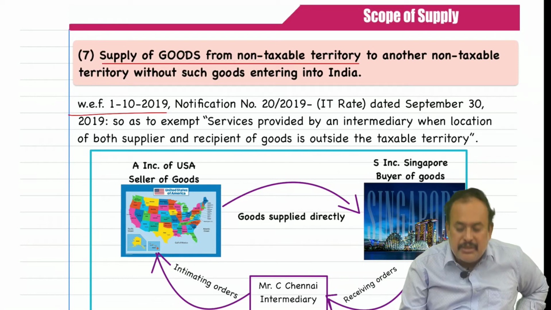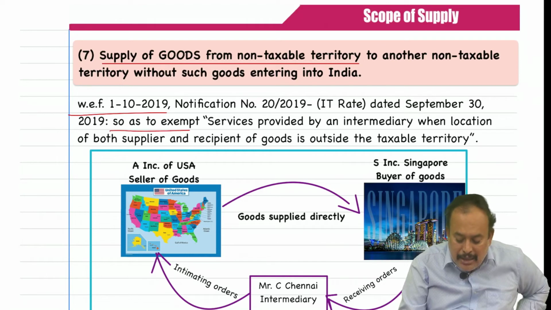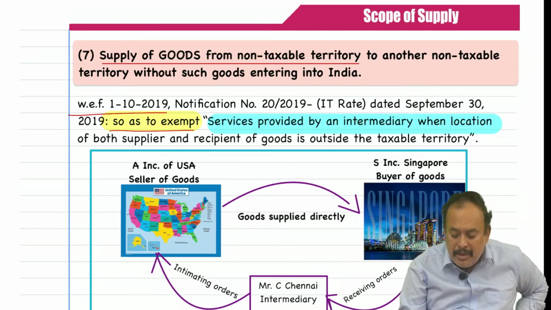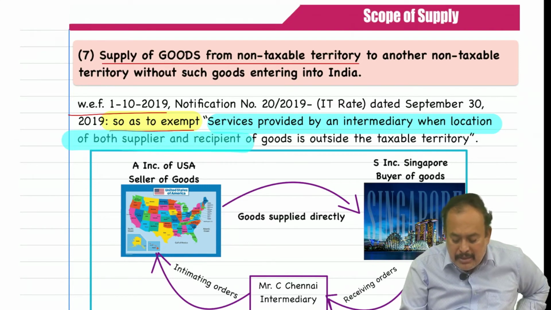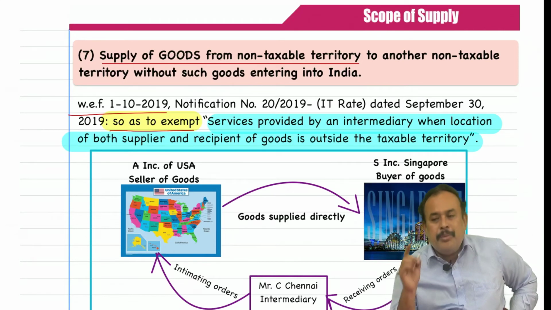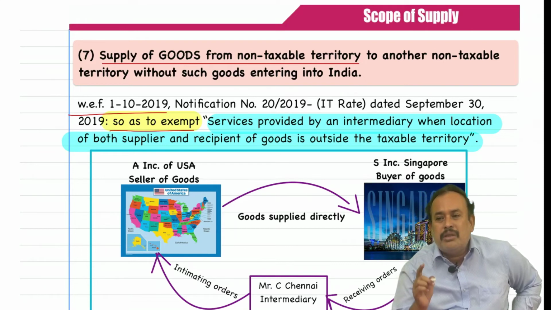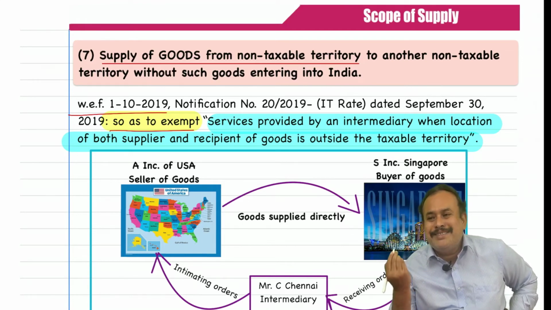With effect from 1st October 2019, there is an amendment so as to exempt services provided by an intermediary when the location of both supplier and recipient of the goods is outside the taxable territory. Repeating, services provided by an intermediary when location of both supplier and recipient of goods is outside the taxable territory.